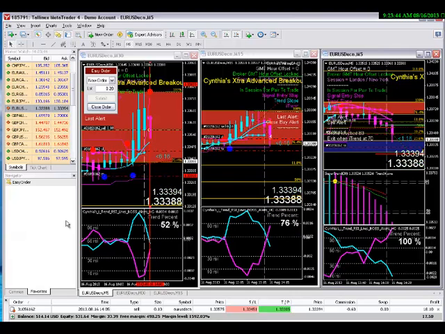It's trailing. We're 10 pips away from our target, and we've booked quite a bit of profit, and it's moved the stop down, so this trailing stop is now at 33.45.